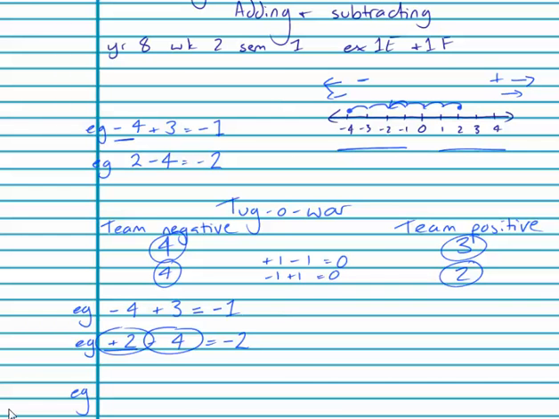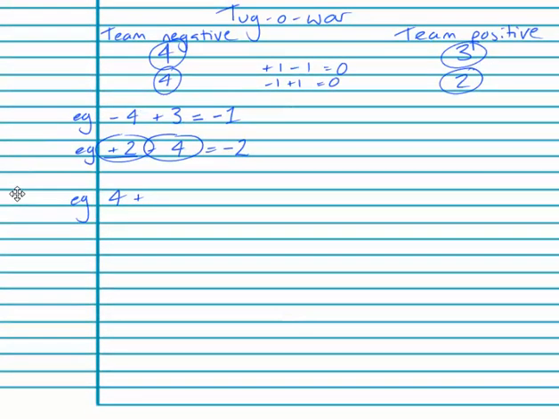Let's get a little bit more complicated. What if I've got 4 plus -3? And sometimes people put that in brackets. Well, adding on a negative, I've got 4 people here. They're definitely on the positive team. There's no sign in front of them. And I've added 3 people to the negative team. So team negative and team positive are still battling it out here.